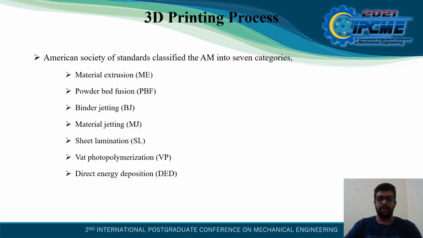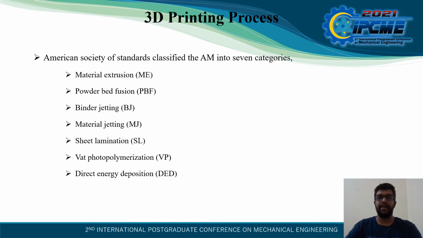The 3D printing process is mainly classified into 7 categories by the ASTM standard: material extrusion, powder bed fusion, binder jetting, material jetting, sheet lamination, photopolymerization, and also direct energy deposition.